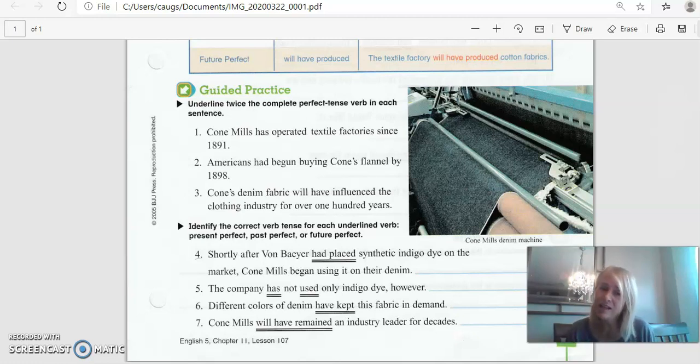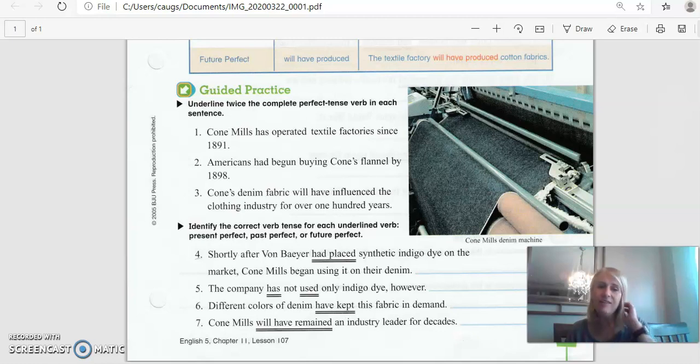So the underlined part is had placed. Now, remember, if you have the helping verb had with it, what is that? That's right. Keep referring back up to your purple lavender section at the top. Had plus the past participle means past perfect. So you're going to write past perfect on there.